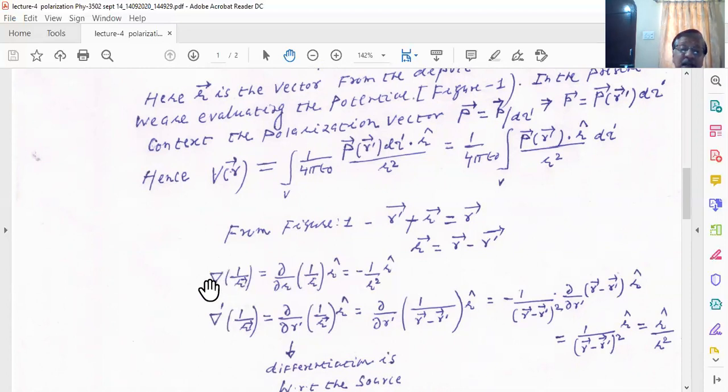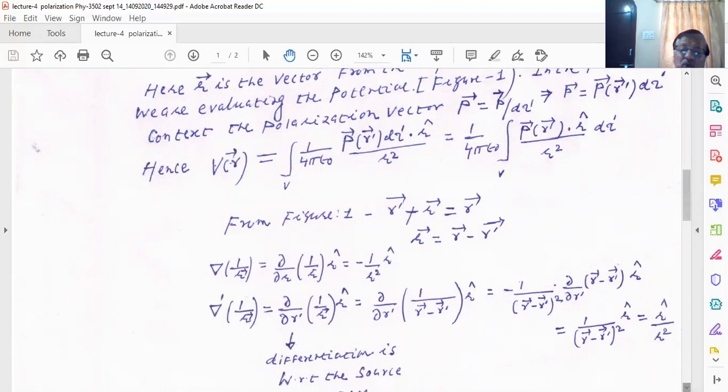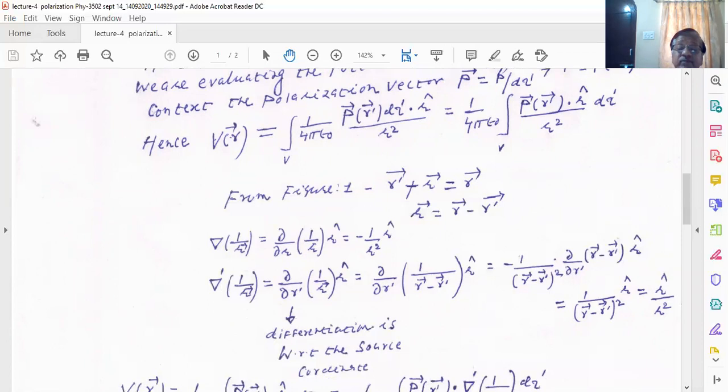This is the del operating on 1 upon r. Now if I write del prime operating on 1 upon r, the prime indicates that you have to differentiate with respect to the source coordinate. If there is no prime, you are differentiating with respect to r, the distance between the source point and the field point.